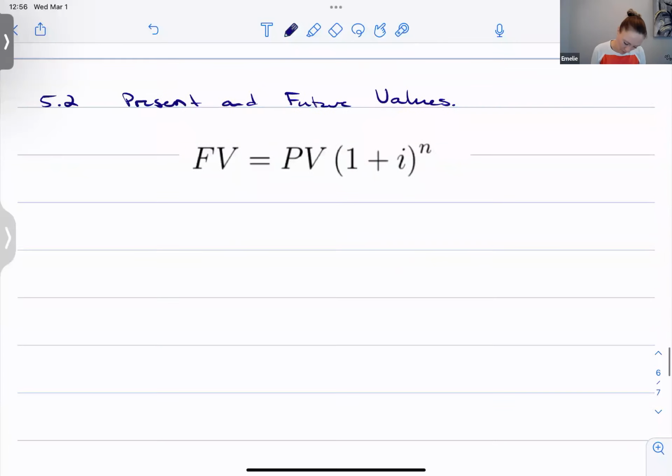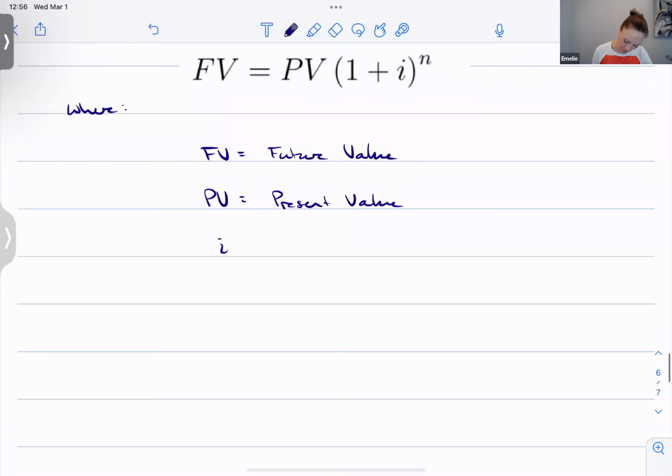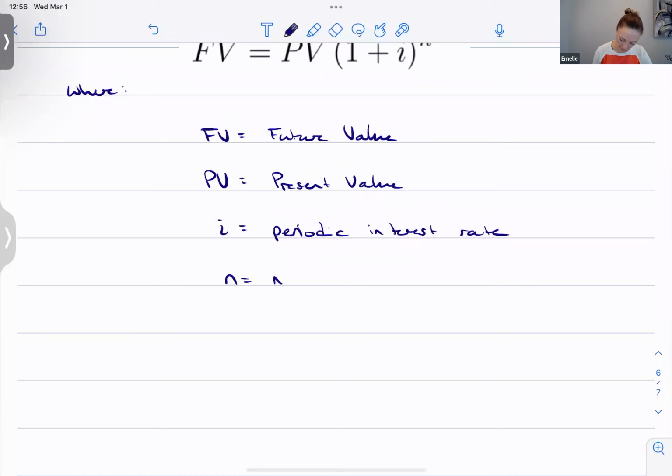Okay, and so where FV is the future value, PV is the present value, i is the periodic interest rate, and n is the number of compoundings.